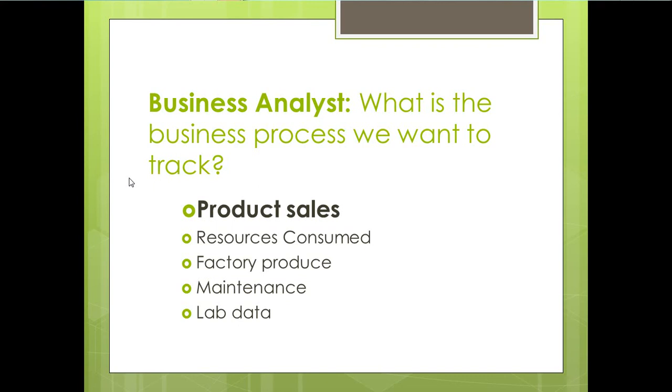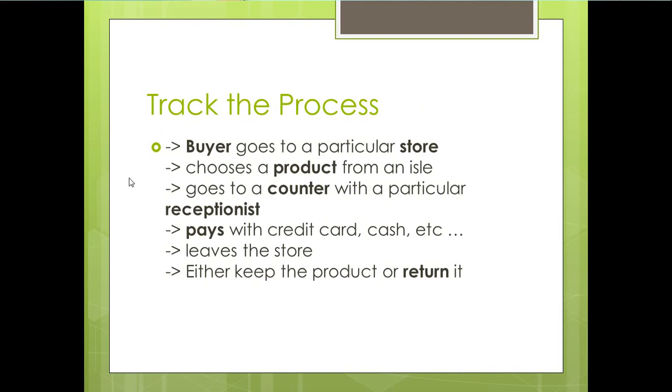So right now we're going to track product sales. I'm giving you an abstract. This is a business data mart made for a store. So basically the business analyst would sit down with the customer and say this. Okay, so this is everything that goes into buying a product from your store.